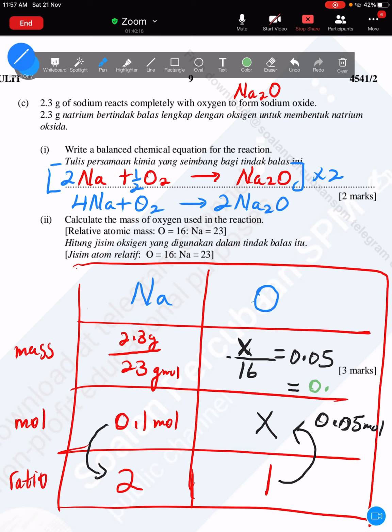Zero point 8 gram. Betul ke? Yeah, that's how you calculate. So you know the mass of oxygen is 0.8. Anyone not clear? Okay, siapa nak screen capture, you can do it now.